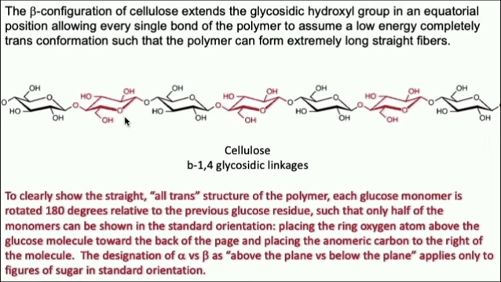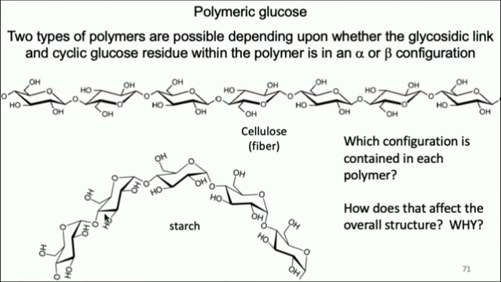In this case, as we would expect, you see that the standard representation of glucose puts the oxygen above the plane of the ring. And by definition, if you rotate that ring 180 degrees, now the oxygen will be below the level of the ring. But you'll notice that in both cases, the oxygen in beta is in the equatorial position.